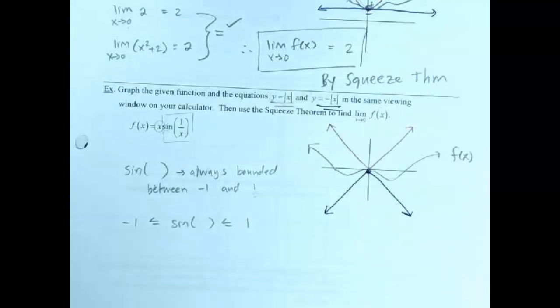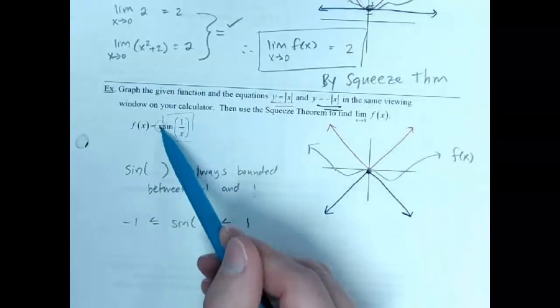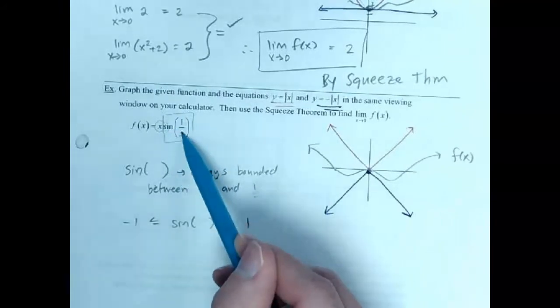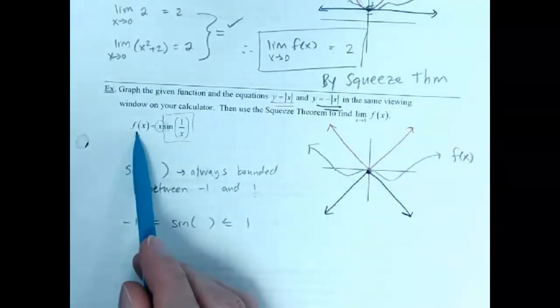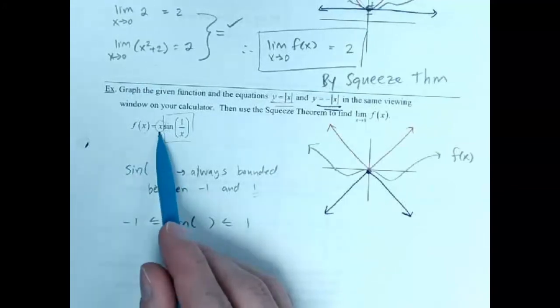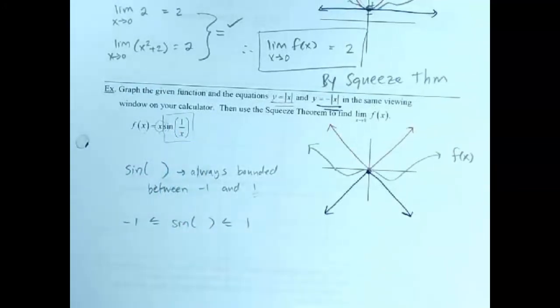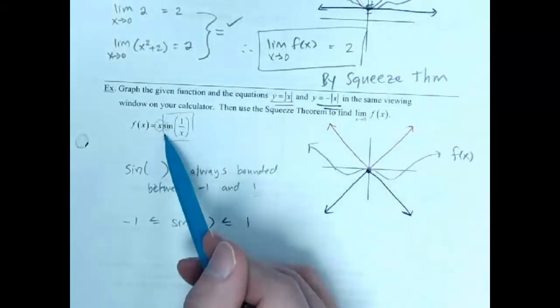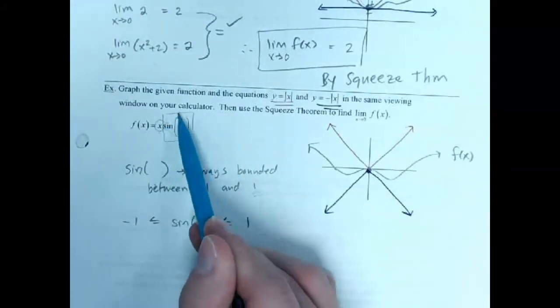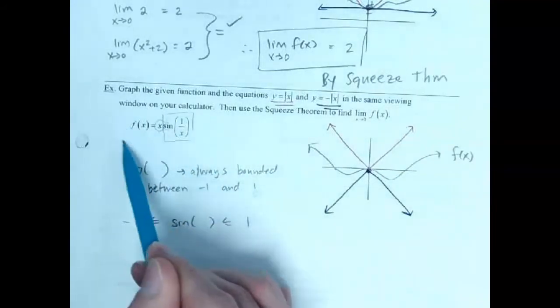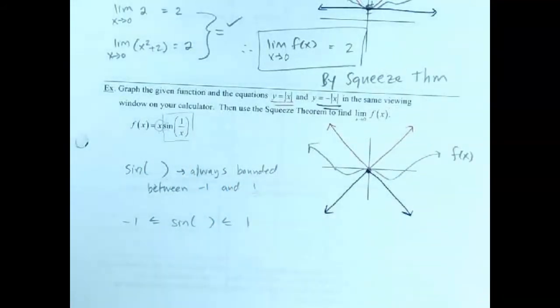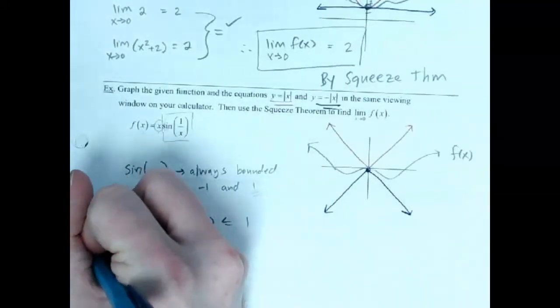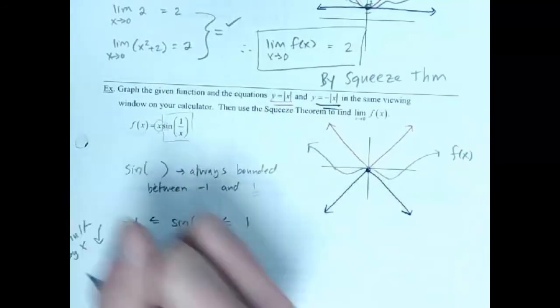The biggest possible thing this sine function could be is 1, which means the biggest possible thing this f function could be is x times 1. And then on the other end, the smallest this could potentially be is -1. So if you're looking at the f function as a whole, the smallest that f function could ever be is -x. Another way to think about it: take this inequality and multiply by x.